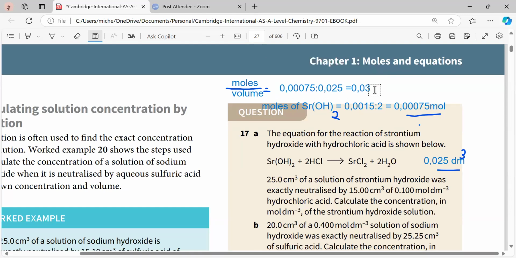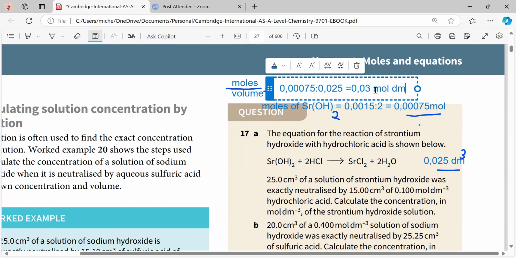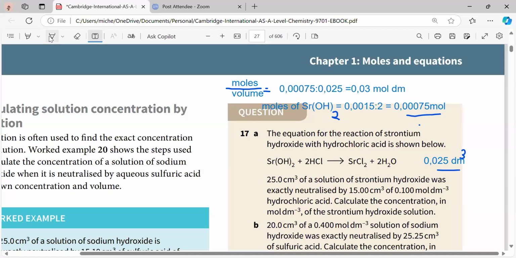And also don't forget about the unit right here, which is mole decimeter with the negative cube here. So this is the concentration of strontium hydroxide. Okay, so do any of you have any questions so far about this one, or if I didn't explain everything clearly?